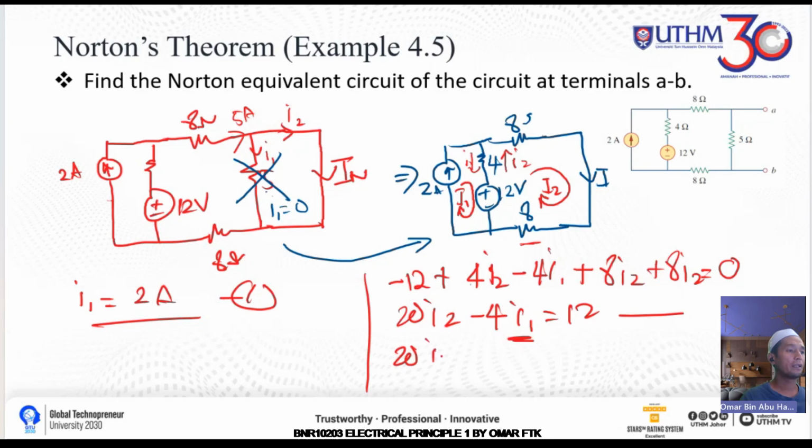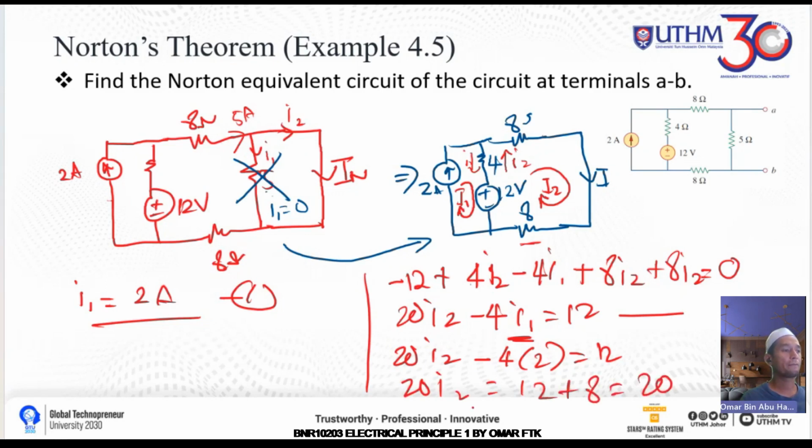So 20i2 minus 4 times 2 equals 12. Then 20i2 equals 12 plus 8, which is 20. So I2 equals 1 ampere.